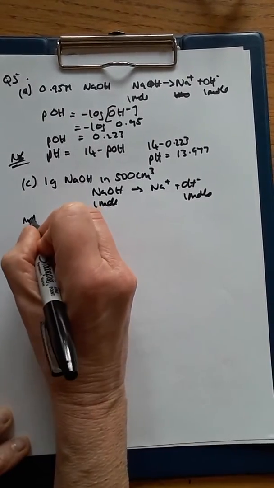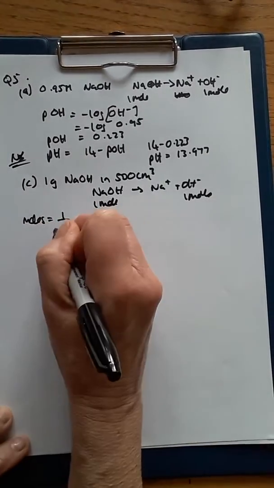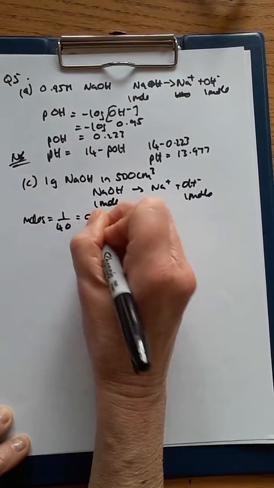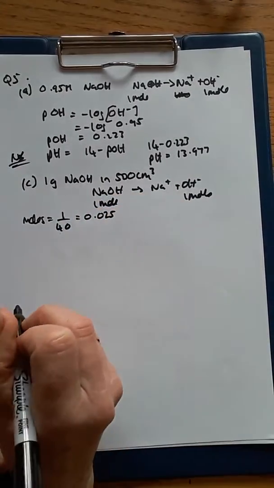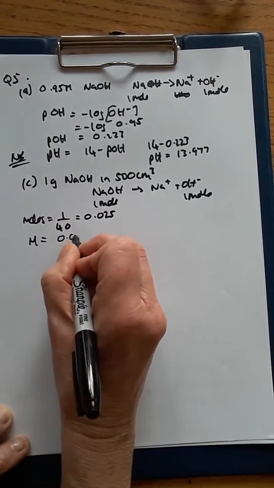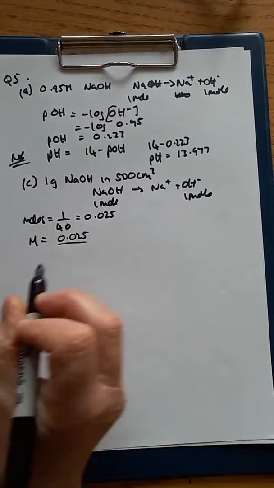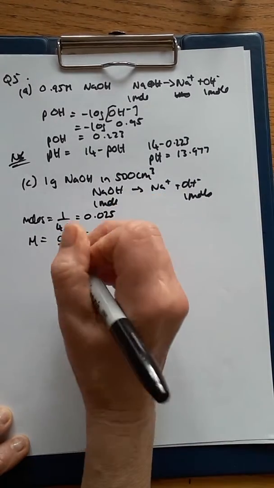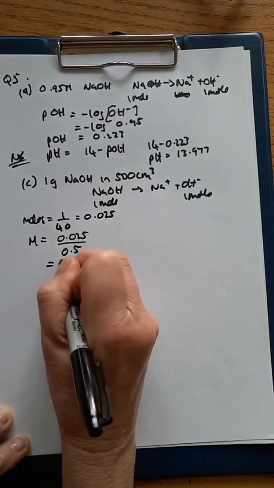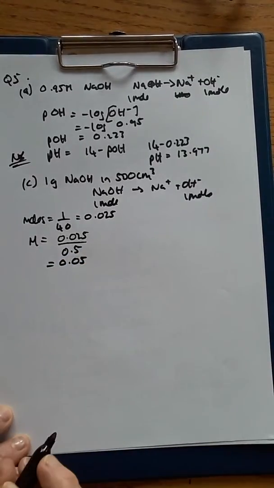I'm going to divide mass by relative molecular mass, which is 40 for sodium hydroxide. That gives me 0.025. I must convert that to molarity. So this is 0.025 divided by the volume in litres. 500 in litres would be 0.5. And when I work that out, I get 0.05.